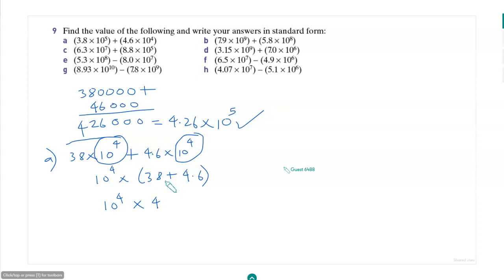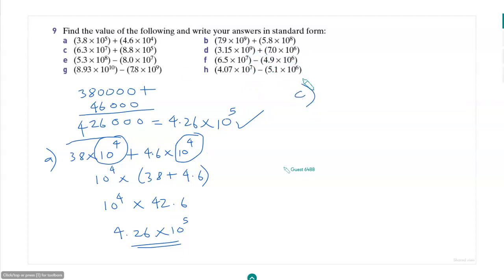But if you're doing this without a calculator, this method is easier, right? So 38 plus 4.6 is how much? 42.6. So what's the standard form? Is it 4.26 times 10 to the power 5? Okay. Fine.